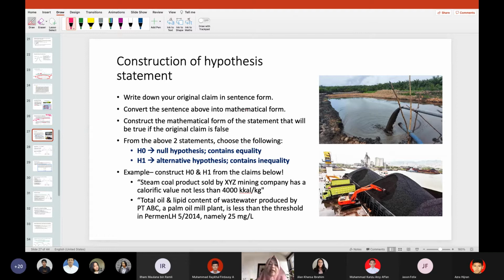Then construct the mathematical form of the statement that will be true if the original claim is false. The H0, the null hypothesis, always contains equality, equal to, while the H1, the alternative hypothesis, will contain inequality.